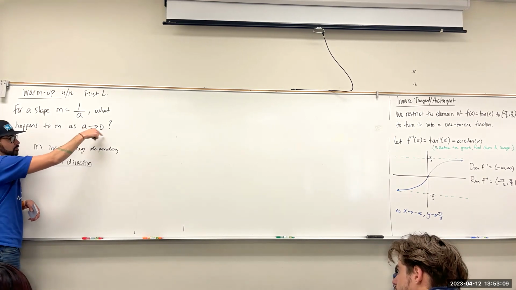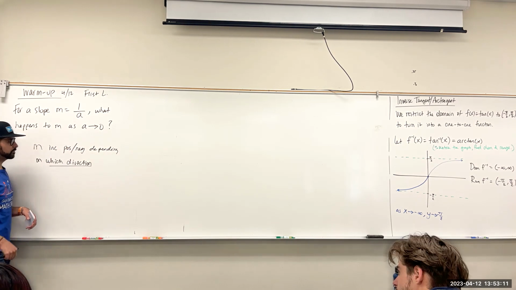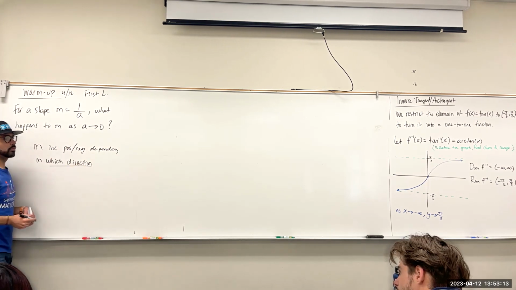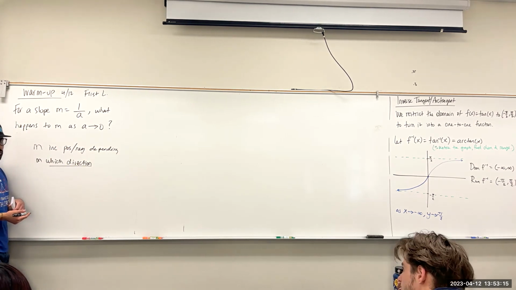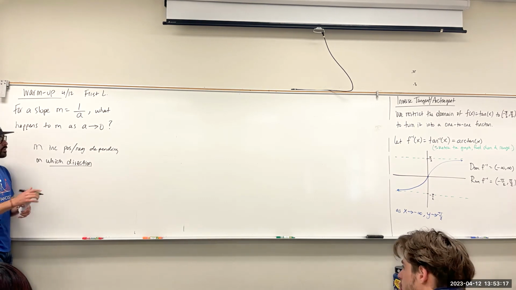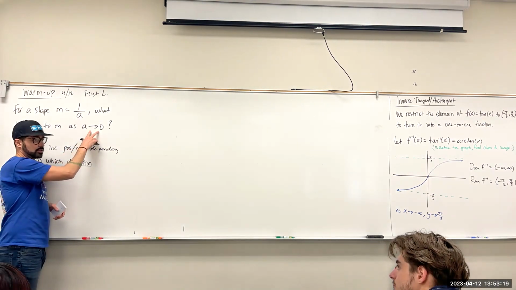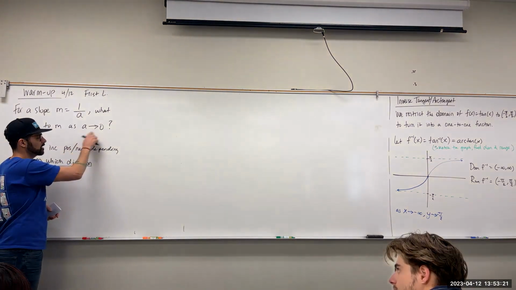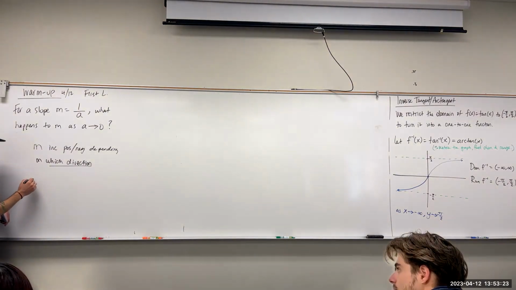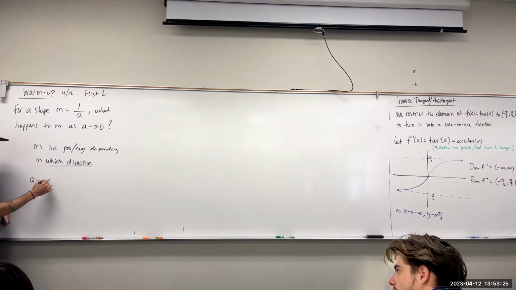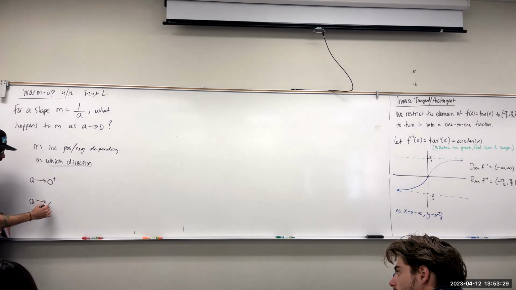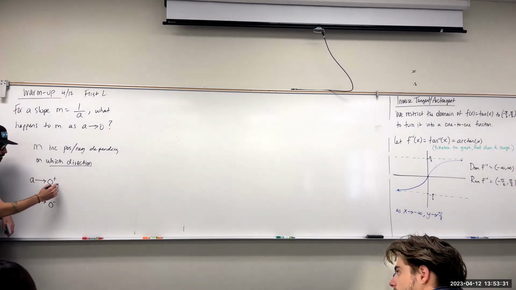Gotcha, so you're talking about this direction, right? If it's coming in from the negatives or the positives, yeah, so that's something you do have to take care of. And I purposely didn't write the one-sided directions. So yes, you have to be careful if you're approaching zero from the right, or if you're approaching zero from the left.